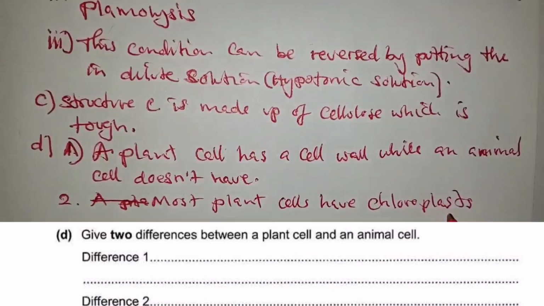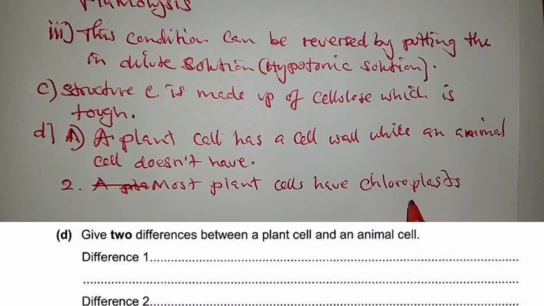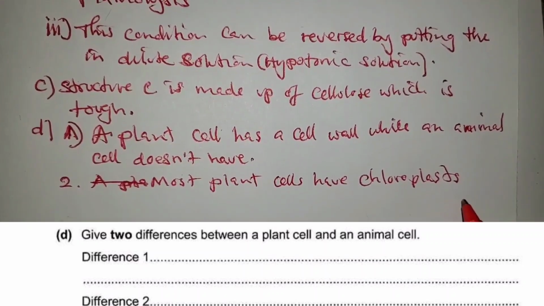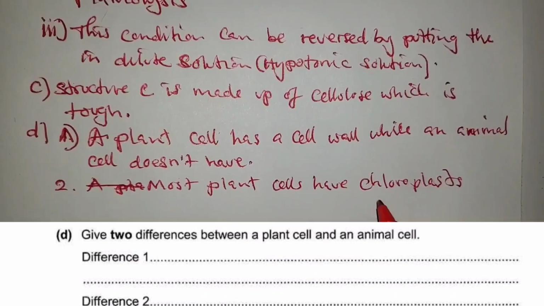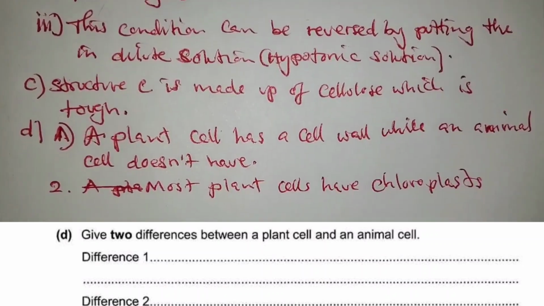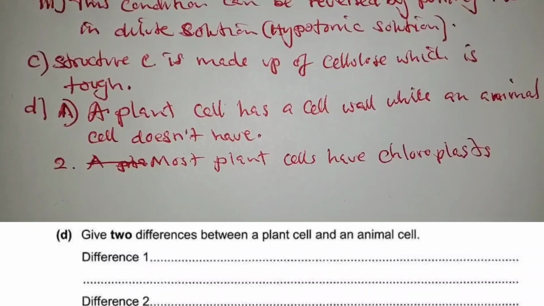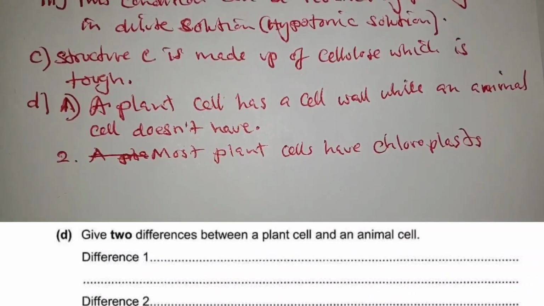Because some don't have chloroplasts, like root hair cells. Chloroplast is only used for photosynthesis because it contains chlorophyll, which traps light energy. So photosynthesis takes place in the leaves and not in the roots. So root hair cells are plant cells, but they don't have chloroplast.